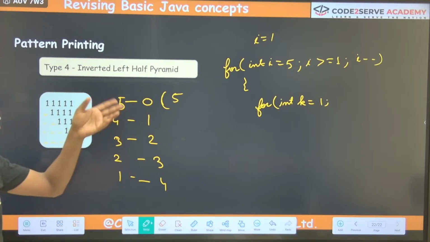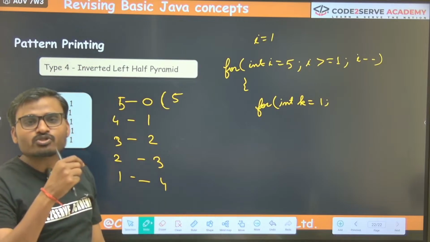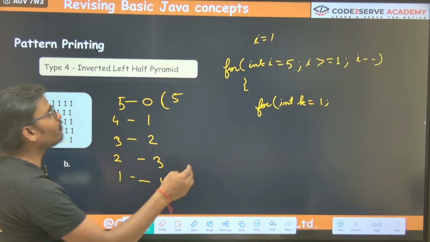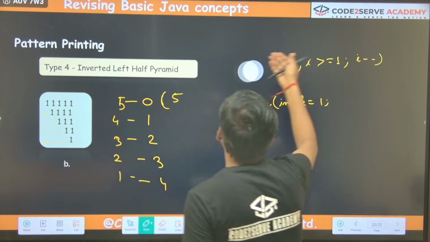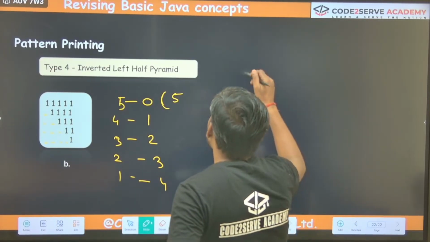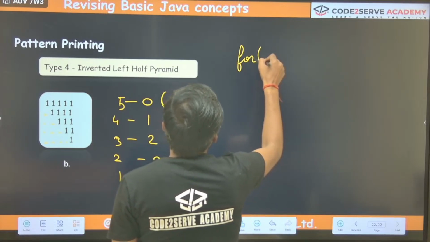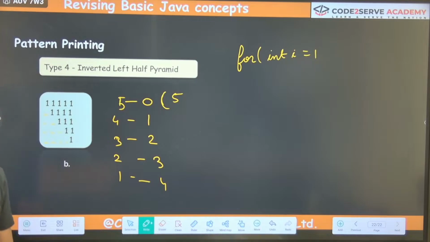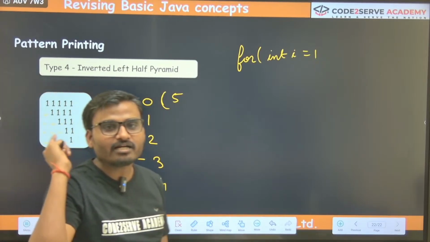But since this is the last question of your class, now we'll think of a different approach. Suppose there is a student who says, no sir, I will start from 1 itself. If anyone says I will start the i from 1, it doesn't matter whatever logic I told, he is not trying to follow that.